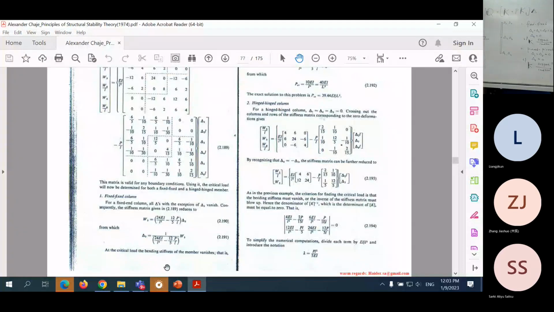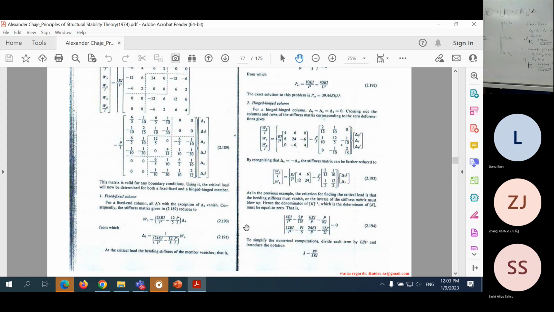So that is what is being shown here. You can see here, please check the book. This is delta 6 equal to negative delta 2. Then here, how to get to this, you need to know the basics of matrix operations. From here, you can reduce to this one, which is 3 by 3 becoming 2 by 2.